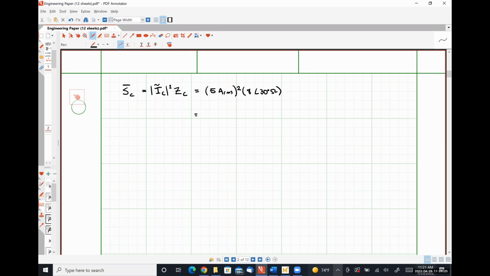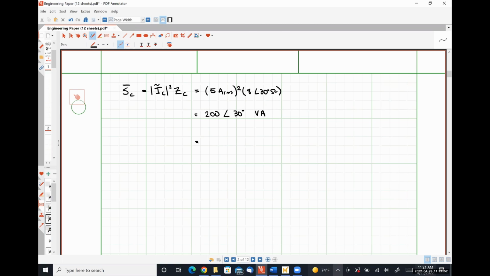And so this is going to give us a complex power of 200 angle 30 degrees volt amperes. Noah already told us what the answer is, but I'm going to be sneaky and ask other people.